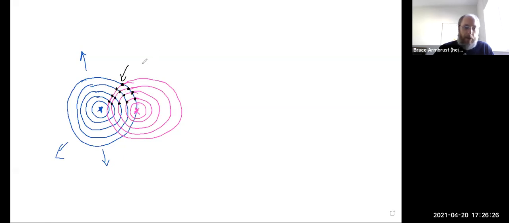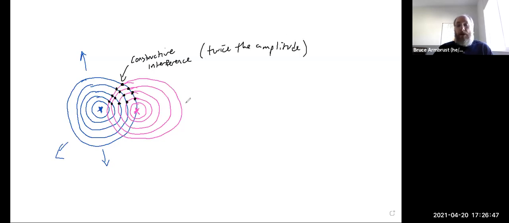And so these are going to be places where we have what's called constructive interference. And basically what's happening here is you're going to get twice the amplitude, assuming that the two waves were the same amplitude to start with, right?